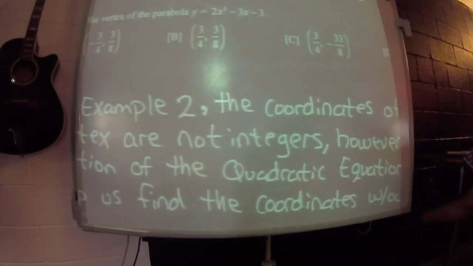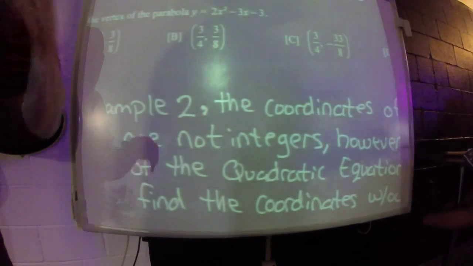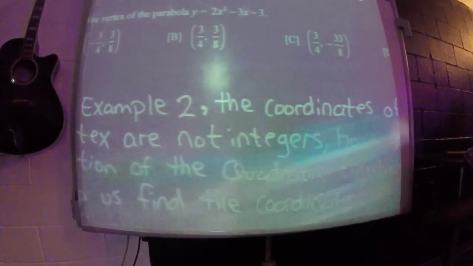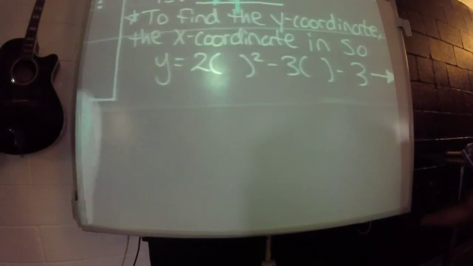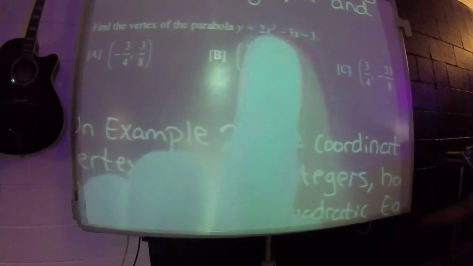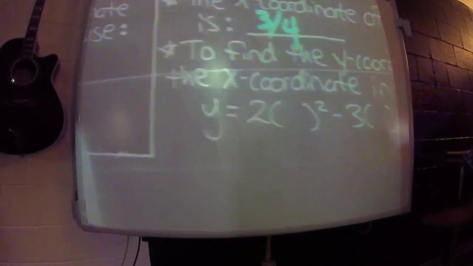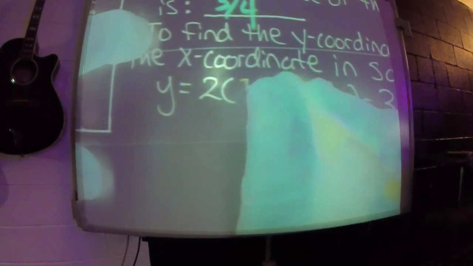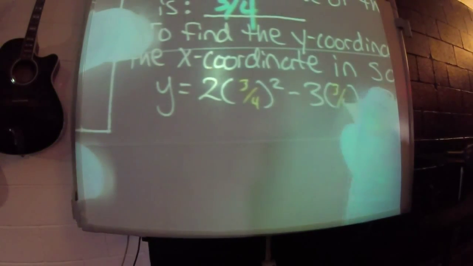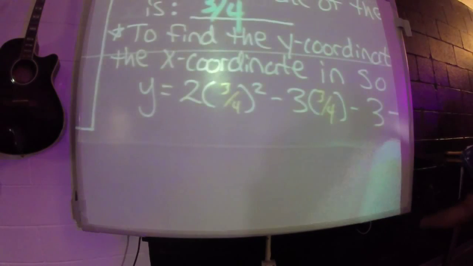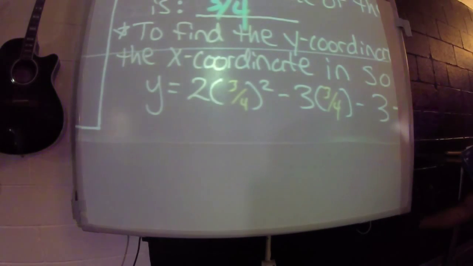So what you do, once you got the x part of the vertex, to find the y part of the vertex, just take 3/4 and put it into the problem where the x's are. So where the x's are, put in 3/4. 2 times 3/4 squared minus 3 times 3/4.